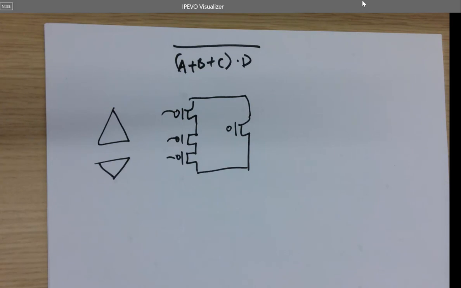Definitely this must be A, B, C, D, right? Okay. What about this one? Yeah, it's in parallel, okay? A, B, C, doesn't matter. And D. Easy. Okay?